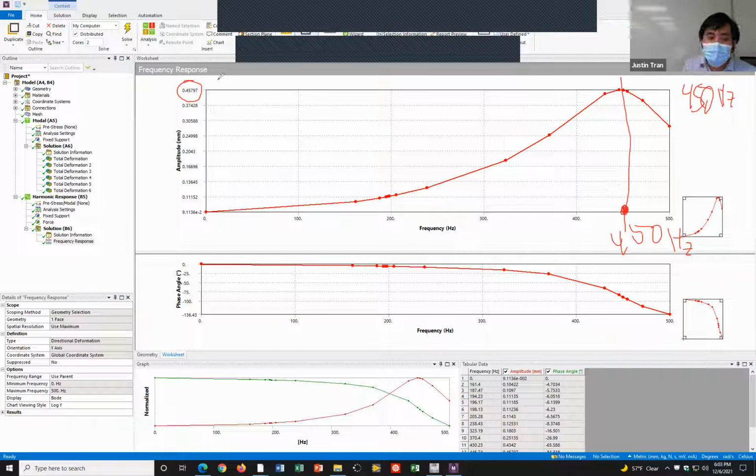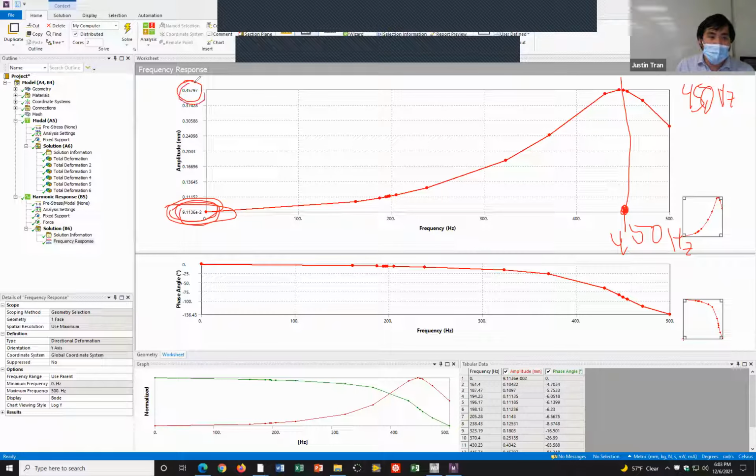And so by applying this oscillatory force, we're getting resonance around this much. And so for this particular case, we have huge deformation amplification. Our steady response for a 100 Newton force in the y direction only gives us a deformation amplitude of about 0.1 millimeters.